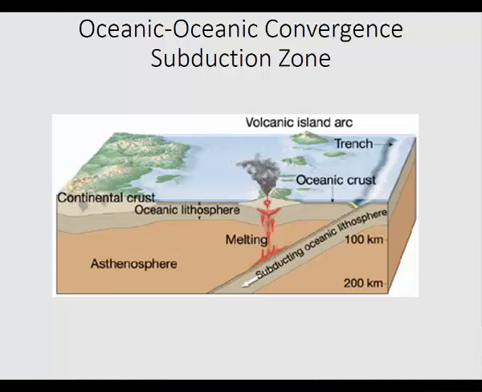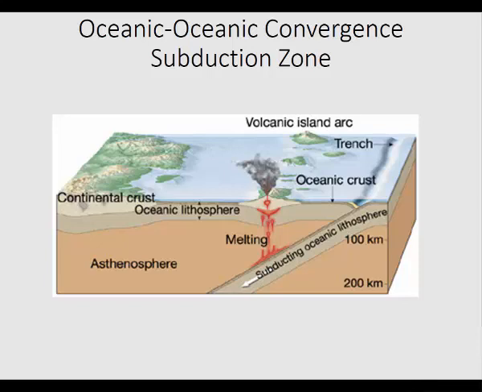We can also see subduction when we have two pieces of oceanic material converging with each other. In this case, the process is essentially the same: one of the pieces of ocean will subduct under the other. It's usually the older piece of ocean that subducts below a younger piece of ocean.